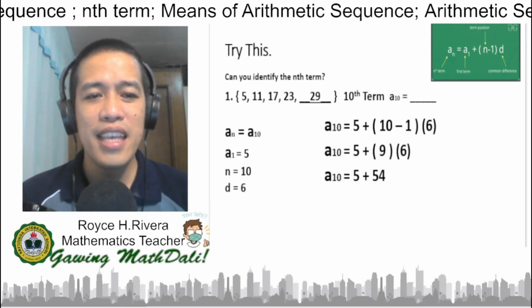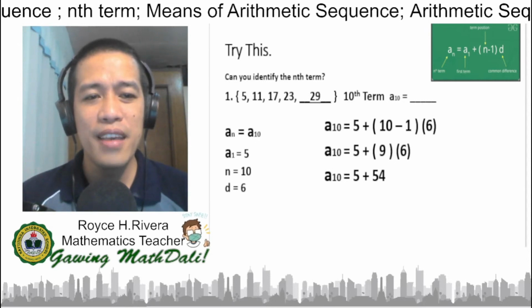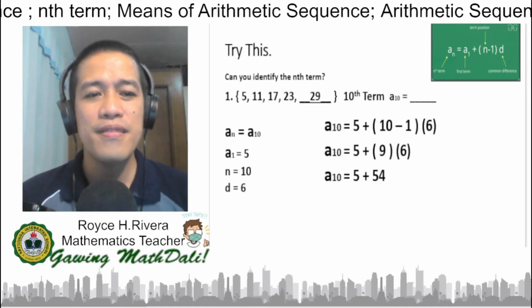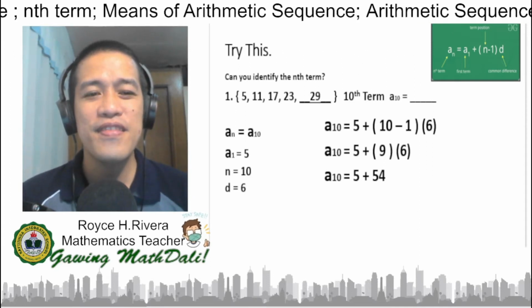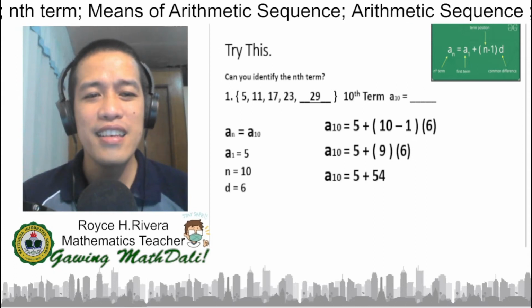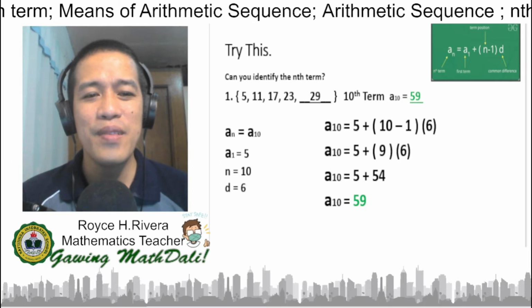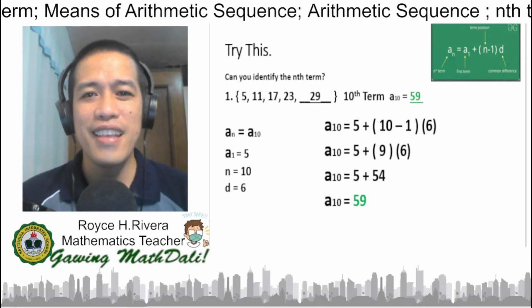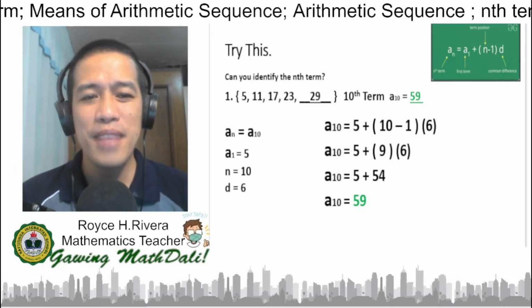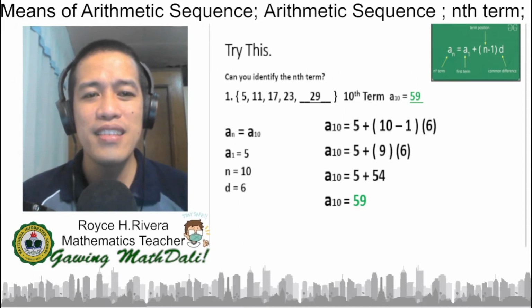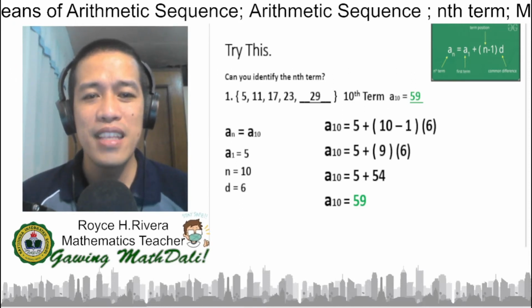A sub 10 equals 5 plus 54. And finally, A sub 10 equals 59. Meaning, the term of the sequence is 59.